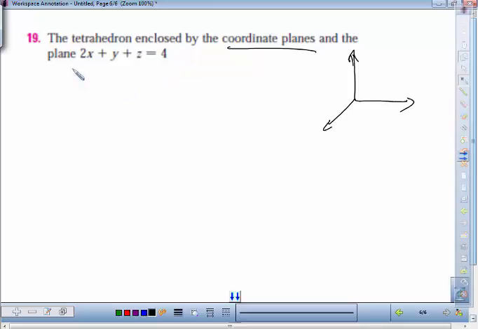To try to figure out how this plane looks, we can find the x, y, and z intercepts. Where is it going to intercept the x-axis, the y-axis, and the z-axis? So let's think about the x-intercept. Where is it going to hit the x-axis? What can you say about values on the x-axis?